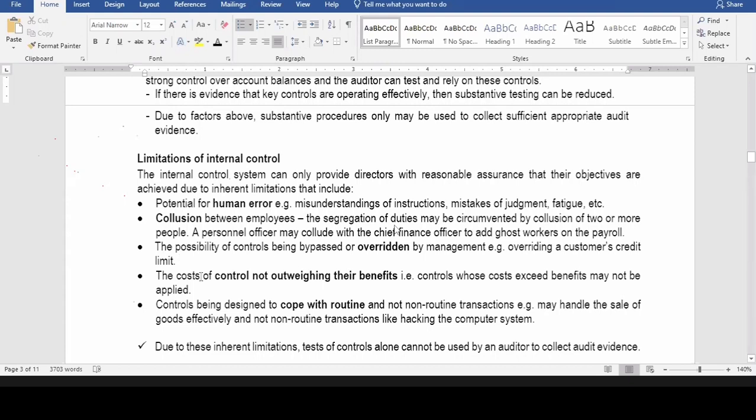4, the cost of control may outweigh the benefits. So we have controls whose benefits are more than the costs. If a control is very costly, we don't put it in place. So it's only the controls that are cost effective that are implemented.